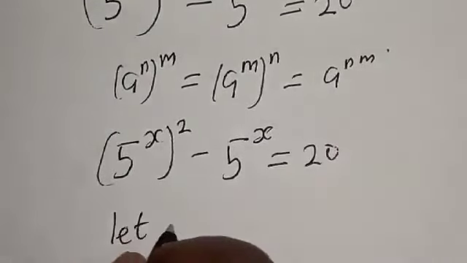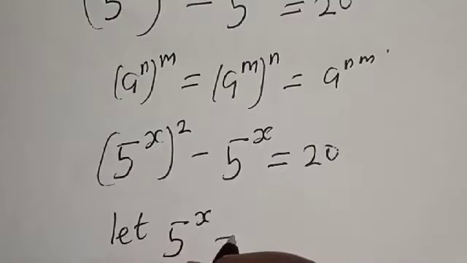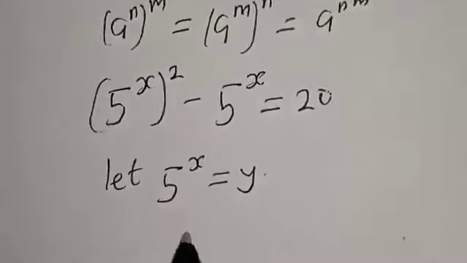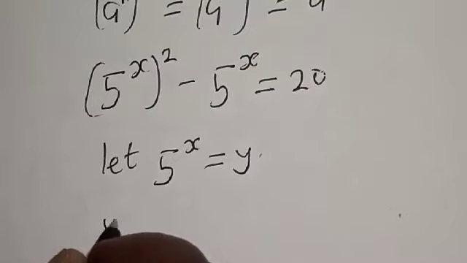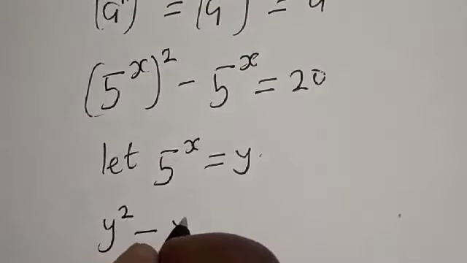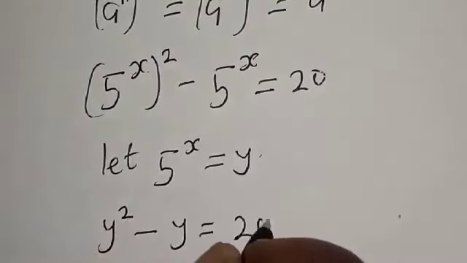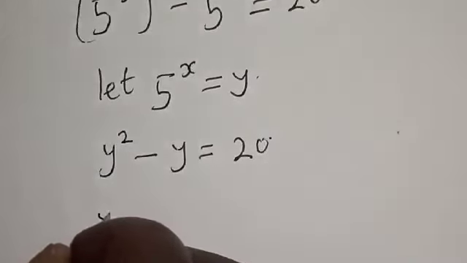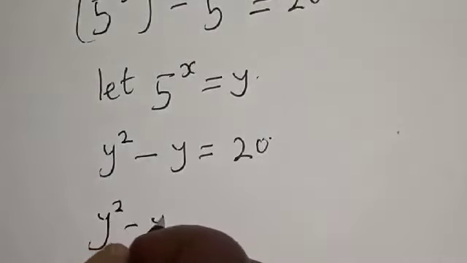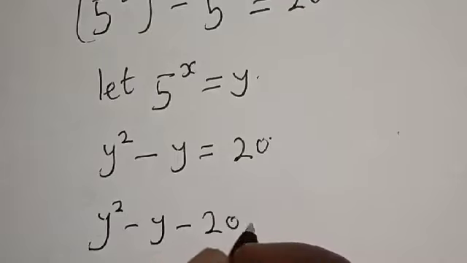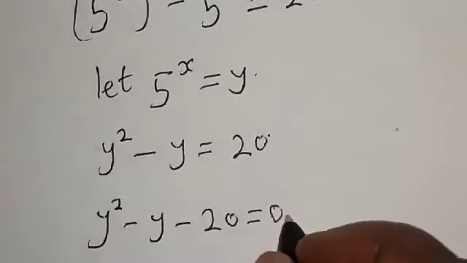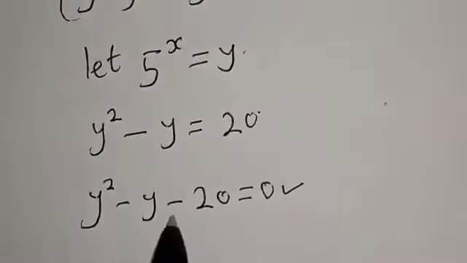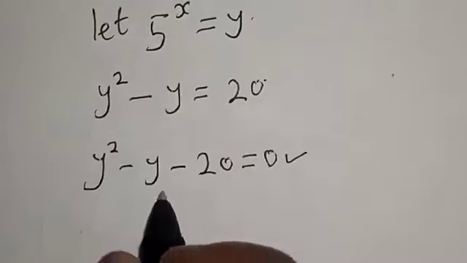Let 5 raised to power x be equal to y. Then y squared minus y is equal to 20. y squared minus y minus 20 is equal to 0. This is a quadratic equation which can be solved by using the quadratic general formula.